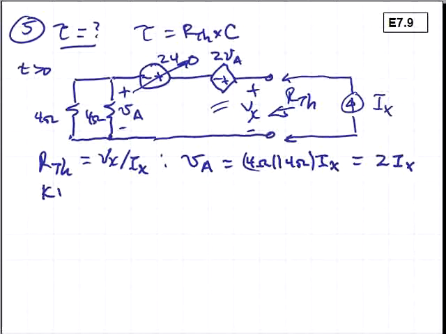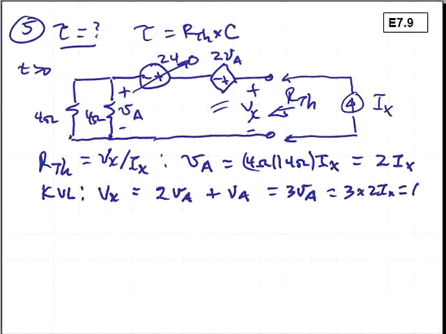Now we can do a KVL around the entire loop as we've done several times before. We have V sub x is equal to the 2VA plus VA, which is equal to 3VA, and that's equal to 3 times 2Ix, which is equal to 6Ix. Remember that 24 volt source is set to 0 in this Thevenin resistance determination.